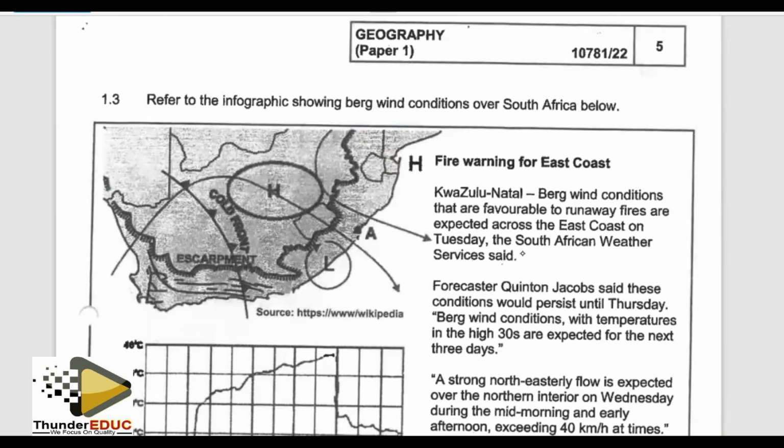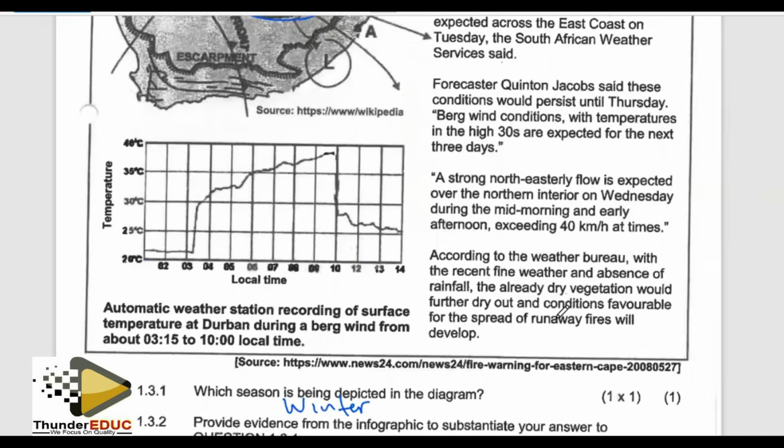Firstly, you can see that the high pressure cell is dominating the interior. You see, learners, whenever you see this H, it represents a high pressure, and that means it is dominating the land in winter. So this is typical of winter conditions.